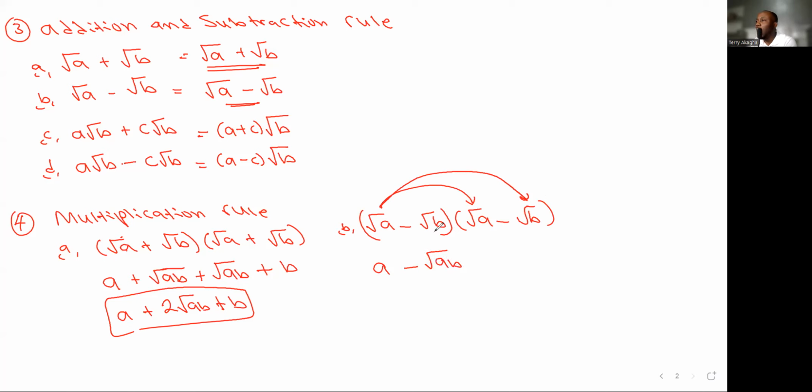Then minus root B times root A gives minus root AB. Finally, minus root B times minus root B: minus times minus will give you plus, so root B times root B gives you plus B. So that's how you get the values there.